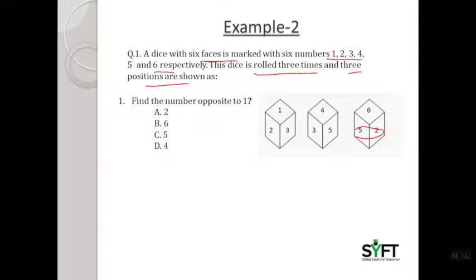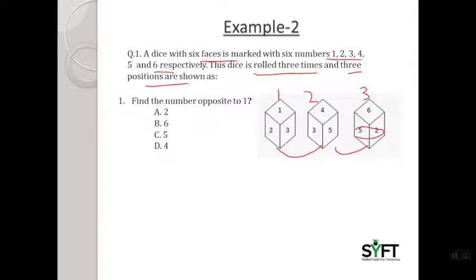Whenever there is a general dice, we can just compare two different rolls and find out. Here we will compare the first and second roll, and then the second and third roll, and we'll see how we get the same result.